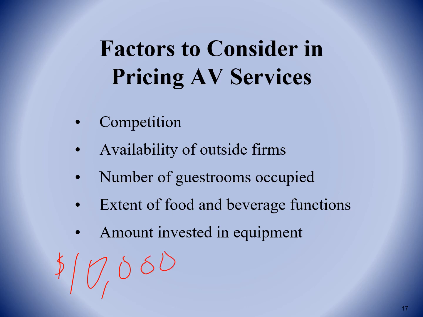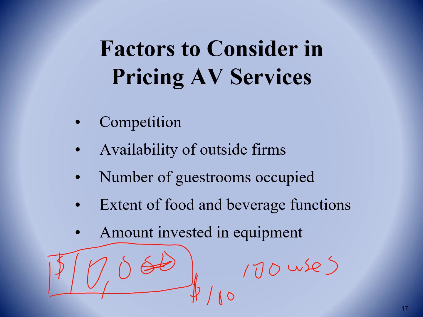If our equipment cost us $10,000 and we expect to get 100 uses out of it, then we cross out two zeros from each, and we can charge $100 for our AV cost, and over time as we use it, that will eventually cover the cost of the AV equipment that we invested in.